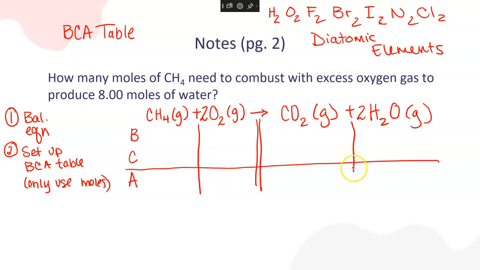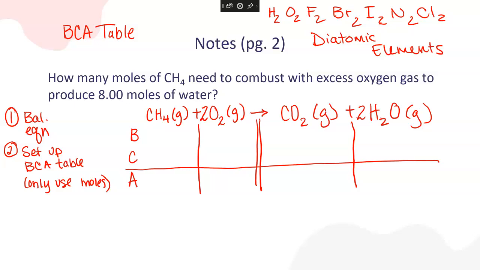So I draw a single line under each plus sign and a double line under the arrow so I know where my reactants are and where my products are. So they are double separated. Okay? So this is setting up our BCA table. And the steps were earlier, but I'm walking you through them now. So you should see them on your thing. I'm outlining it here now.